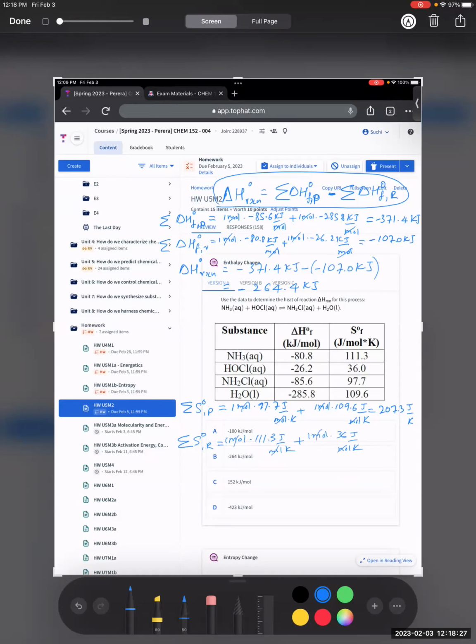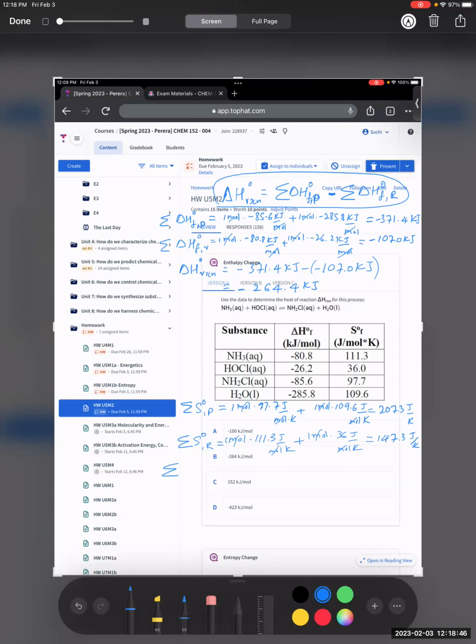You're going to get an answer in joules per Kelvin: 147.3 joules per Kelvin.